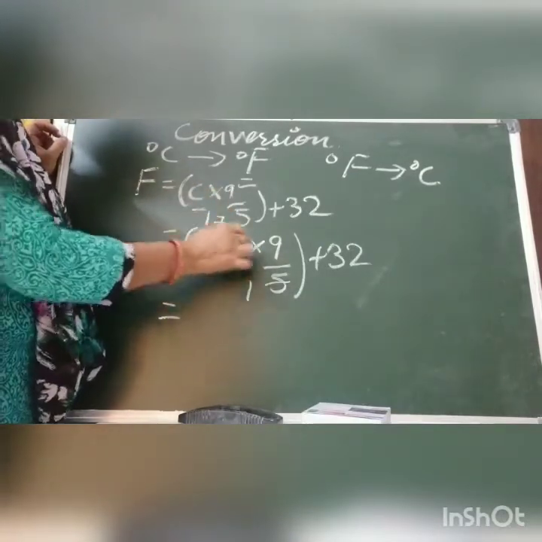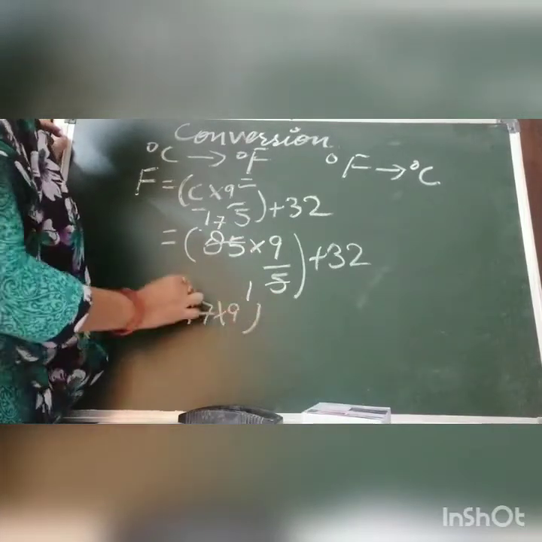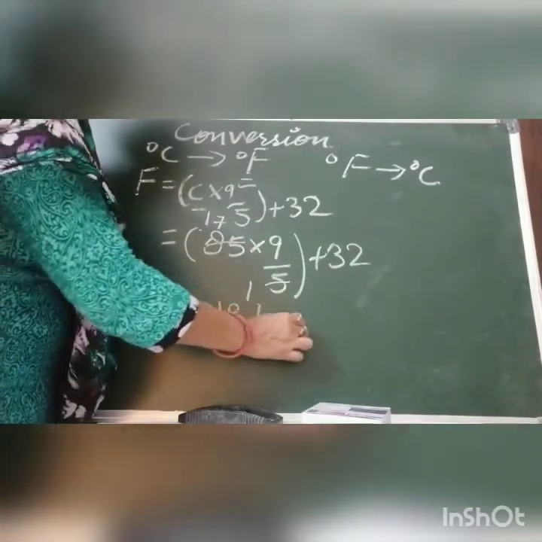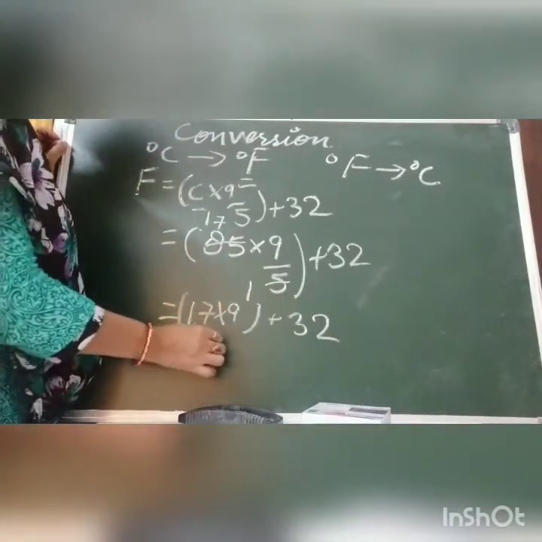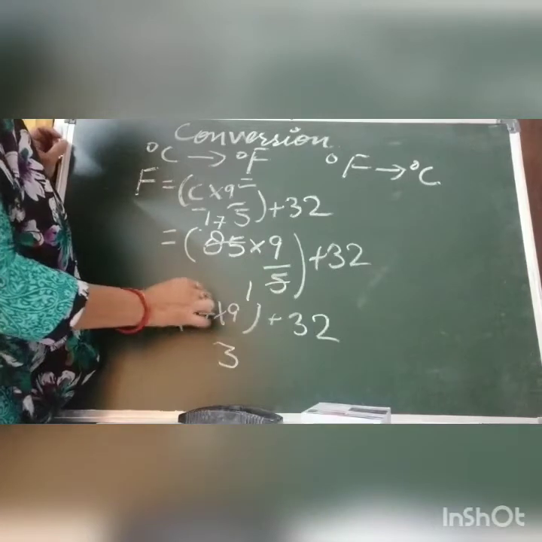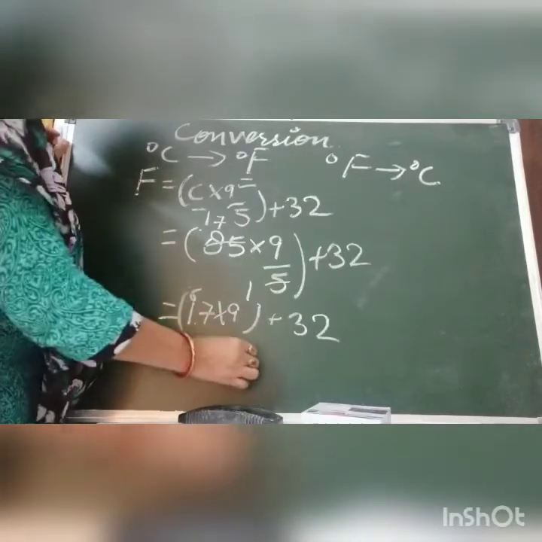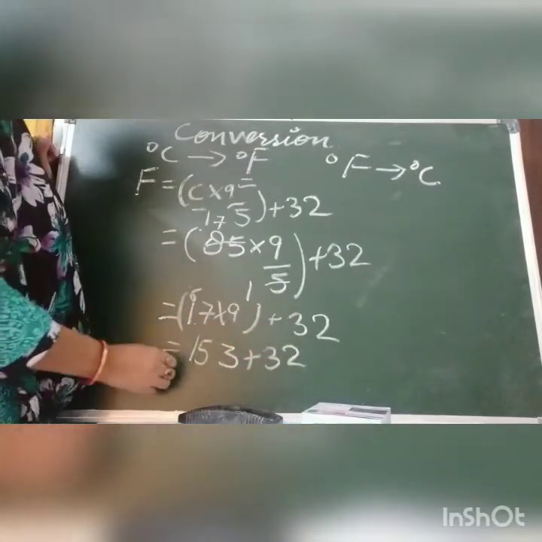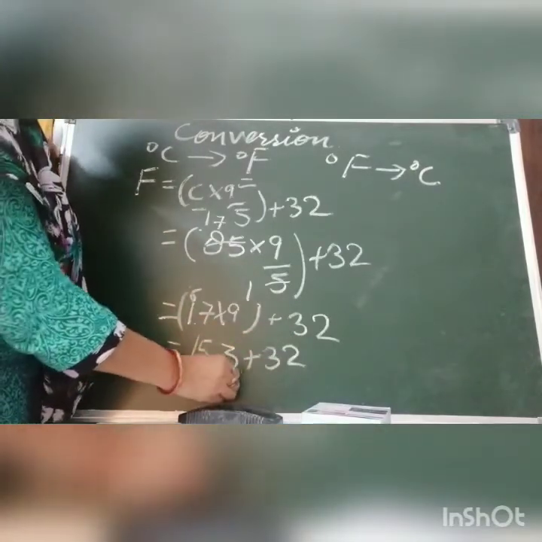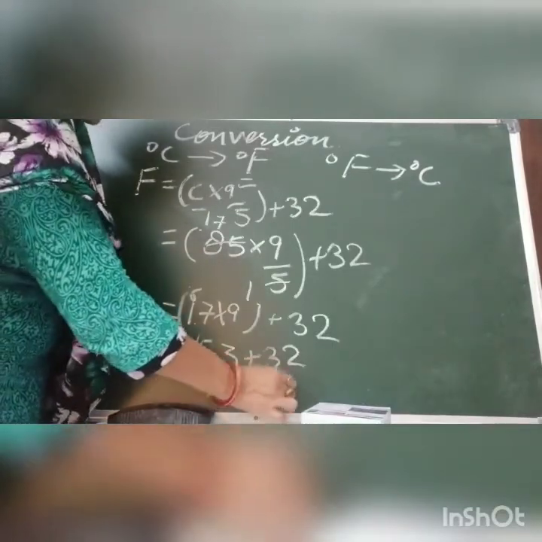Now multiply 17 into 9 plus 32. What is 17 into 9? 9 sevens are 63. 9 ones are 9 and 6, 15. Plus 32. Add it. It is 185 degree Fahrenheit.